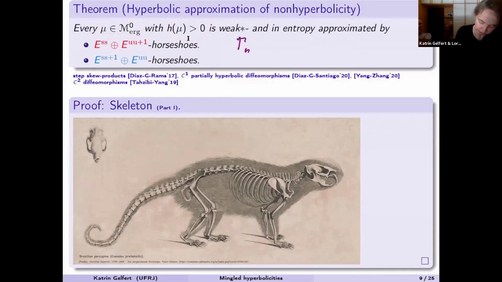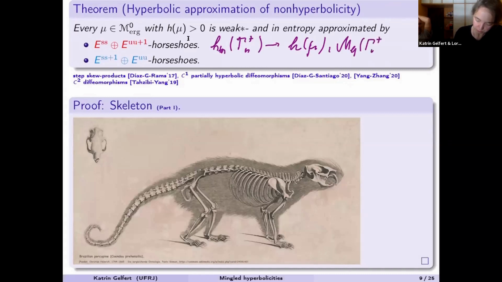let's say gamma n plus of this type, such that their topological entropy converges to the entropy of the non-hyperbolic measure, and also their set of ergodic measures supported on this horseshoe converge in the weak star topology to the non-hyperbolic ergodic measure.